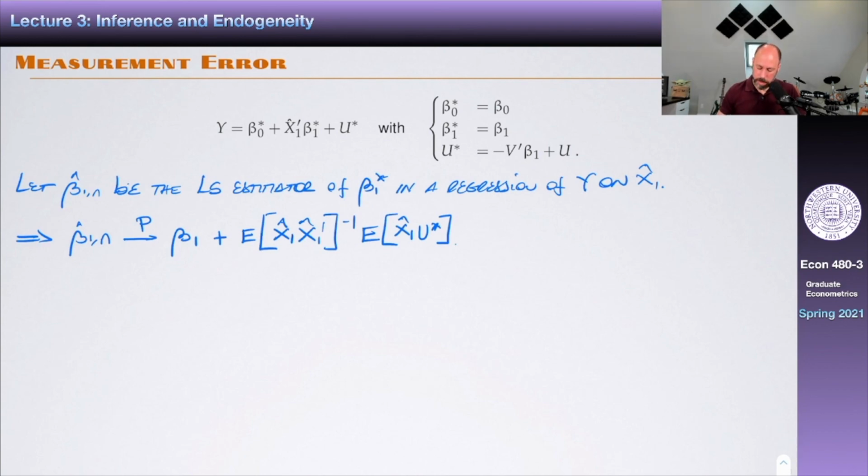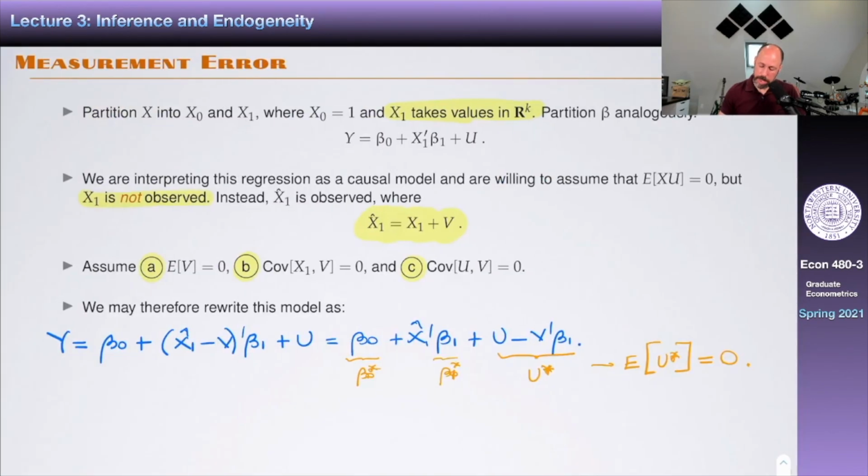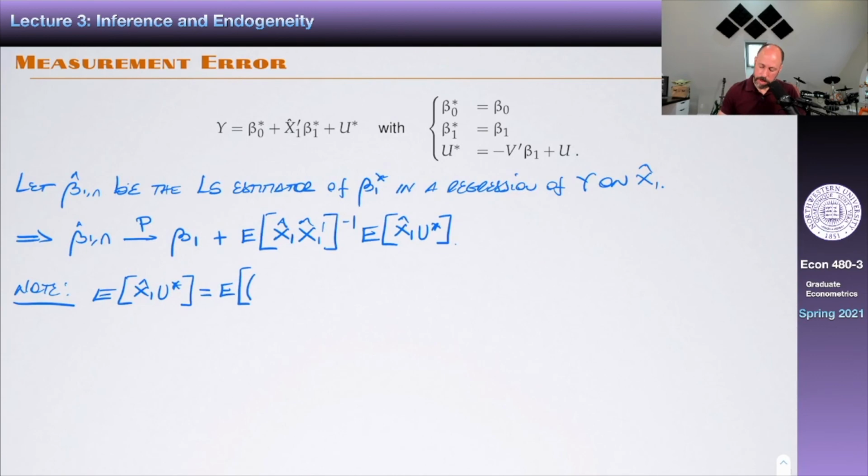So note the expected value of x hat 1 u star is equal to the expected value of, and let me replace things for what they are. Remember, x hat 1 is x1 plus b. So I'm going to write x1 plus b. And remember, u star is this object over here, u minus b prime beta 1. And then this has a number of terms. First one is x1 u.